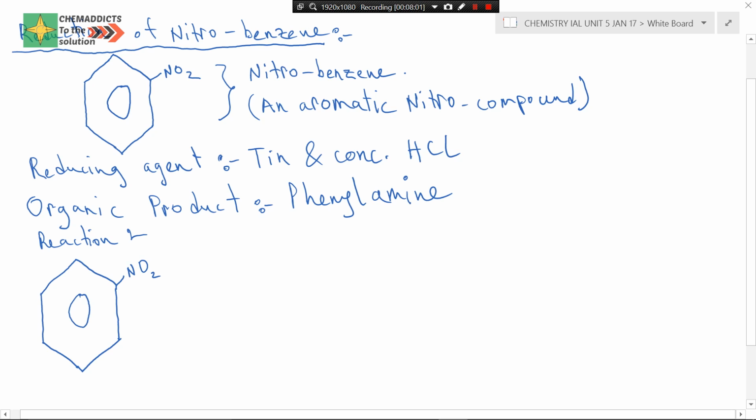We are supposed to reduce this nitrobenzene, so we're going to need hydrogen. For reducing we need hydrogen; for oxidizing we need oxygen, where we have O instead of H. So if we reduce this, we get phenylamine and water.